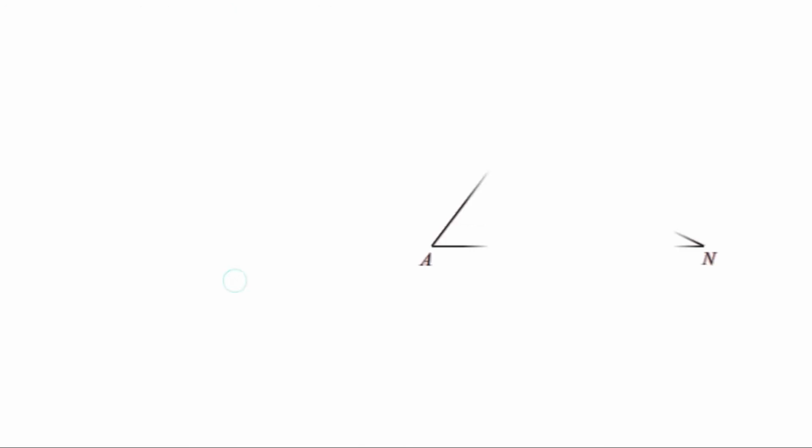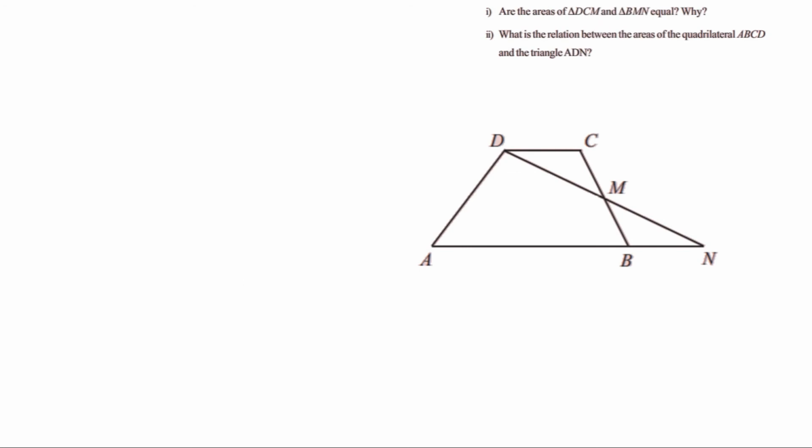Let us look at the figure at first. We have to check whether the areas of these two triangles are equal or not. It is enough to check whether these two triangles are equal or not. When two triangles are equal, their areas are also equal. Given that M is the midpoint of BC, therefore MC equals MB.